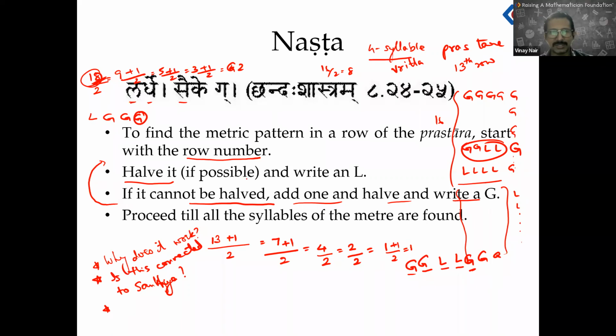Nobody is getting this question. How did he even come about this? What was the idea that prompted him to get here? How did Pingala come up with this? Because there are two things.